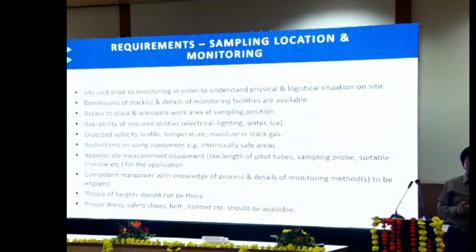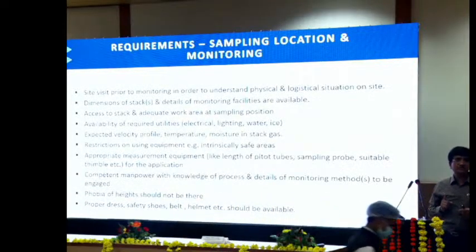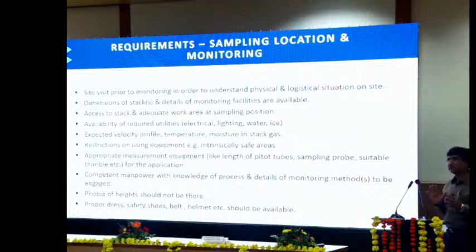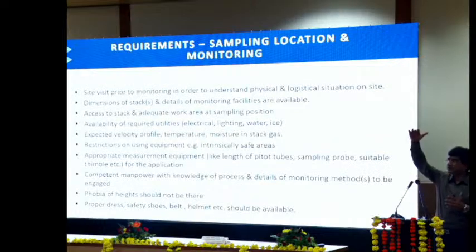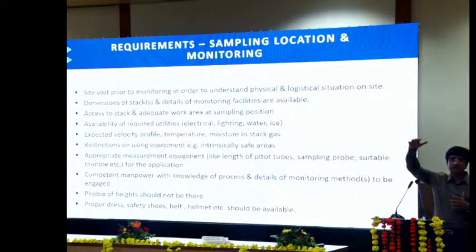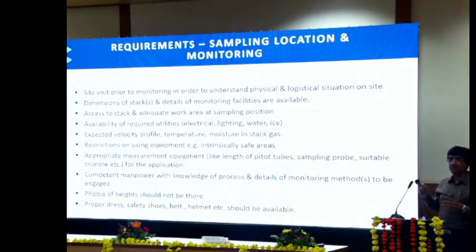So be sure that the people who are actually doing the monitoring, who are going up the stack, should not have a phobia of heights. See, it is better to make things known at the beginning itself. Otherwise, there are many circumstances where people have gone up and midway they start fearing. They have to be brought down. So if this particular phobia is there, never go up. This is for the safety of all of you.